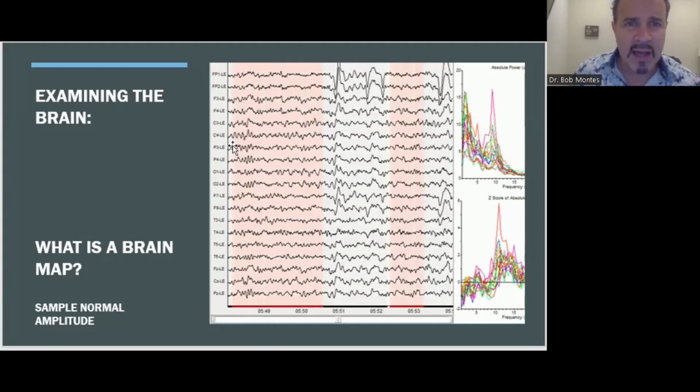And when you look at brainwave patterns, frequencies that are of what we refer to as a normal amplitude will look somewhat like this. When we go deeper and look at other levels of frequencies, we might find the amplitude increasing and perhaps getting too high. But most of the time we'll see these high frequencies really dominate the pattern.